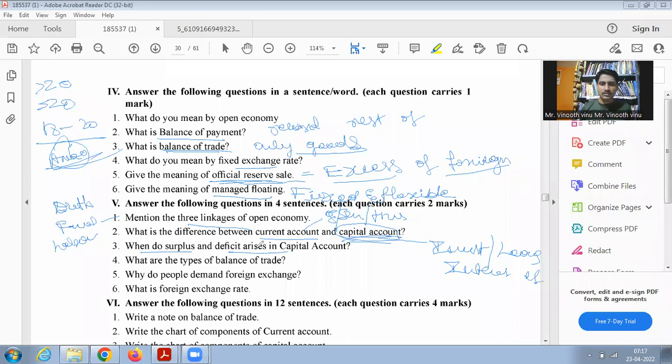When there is more export, there is surplus. When there is more import value than export value, then that is deficit.